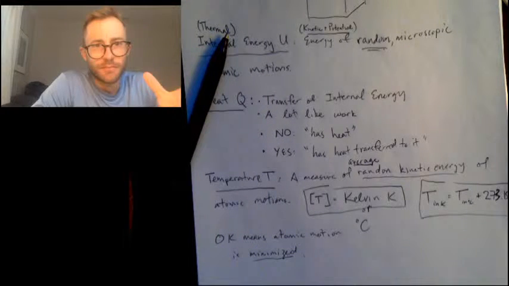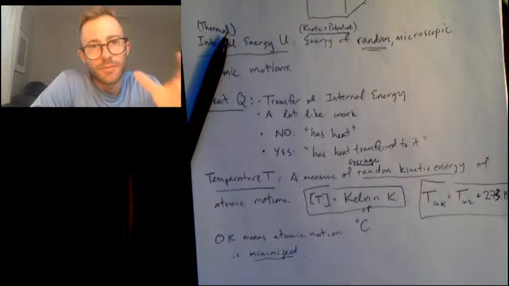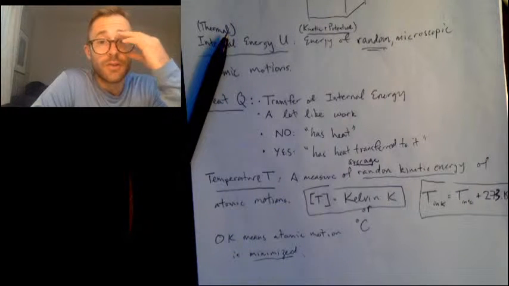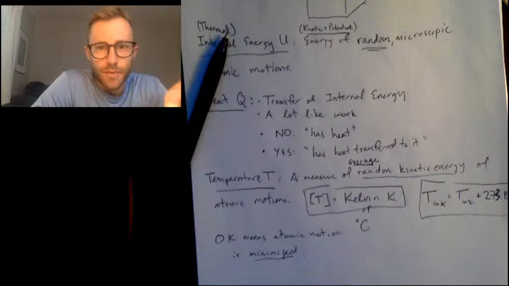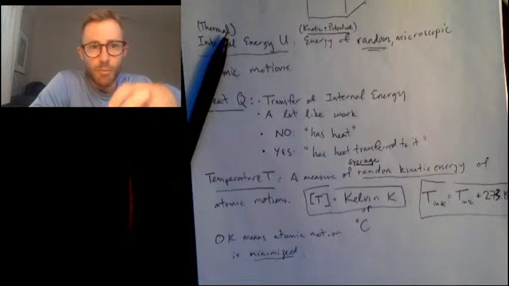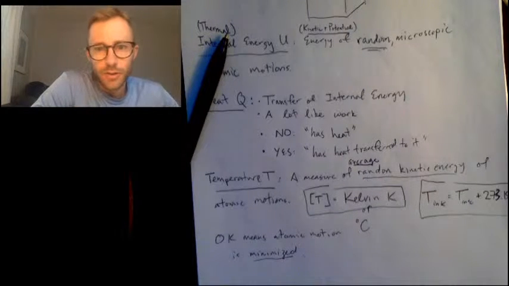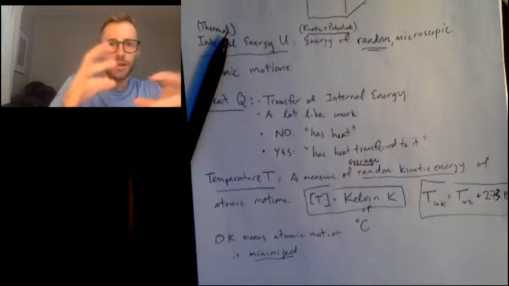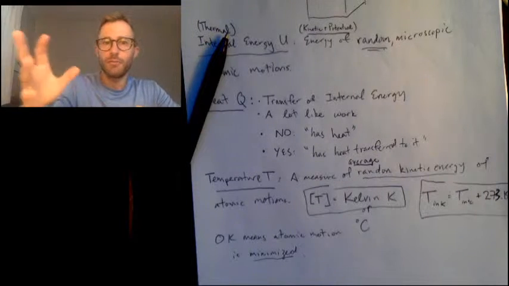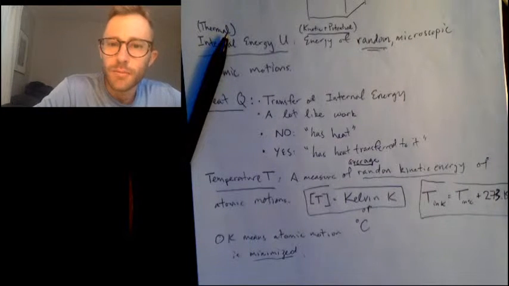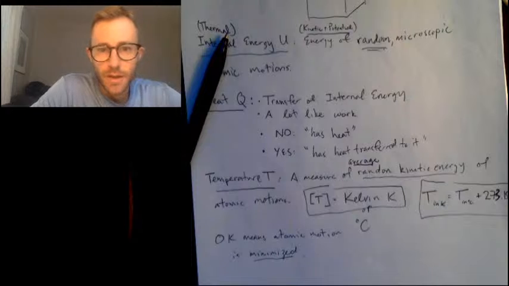So some atoms or molecules are going to have more than the average. Some are going to have less. It doesn't mean that every atom has the same amount of jiggling, but it's talking about the average.